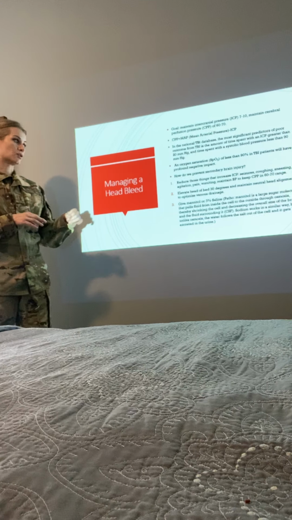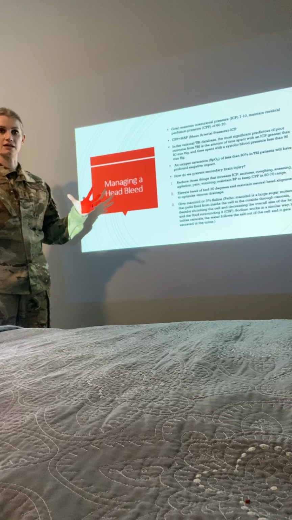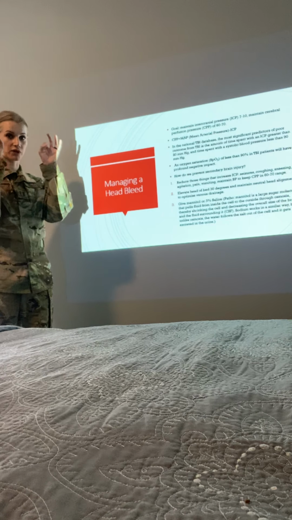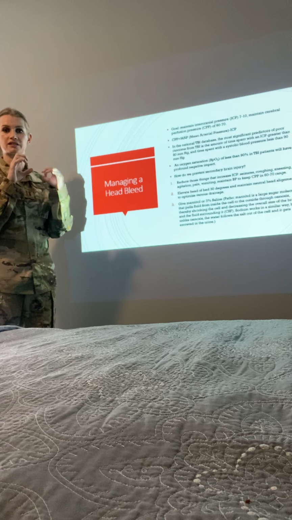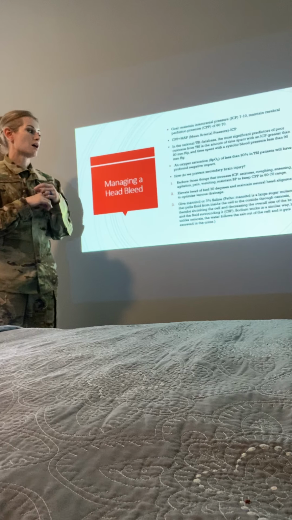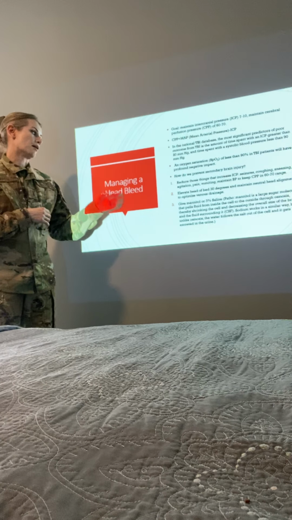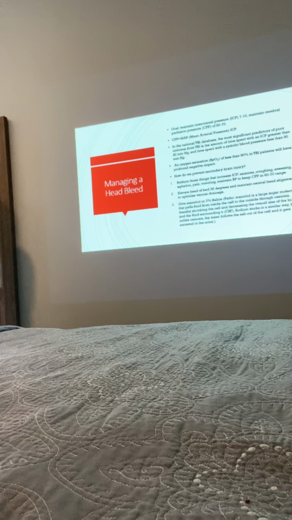And when you start noticing symptoms of their ICP increasing, like if they previously had equal, round, reactive pupils and now they have a unilaterally dilated pupil, that's a big indication that their ICP is shooting up. If you can get them some mannitol or some 3% on board, that would be helpful.